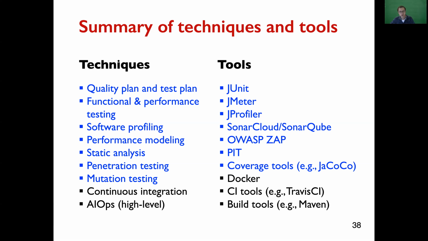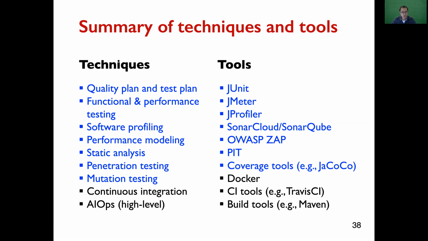Also about tools. I hope you have learned how to use JUnit to perform a basic functional test, JMeter to perform performance testing, and JProfiler to do profiling. You may use other tools.